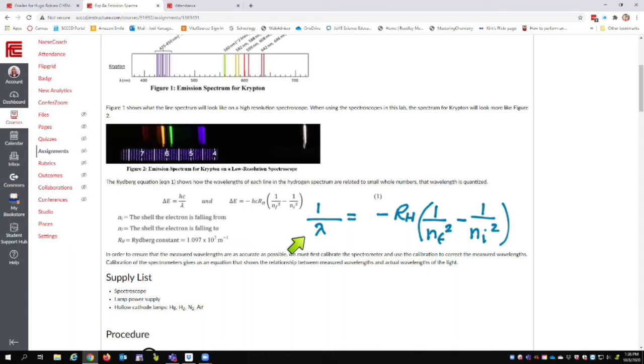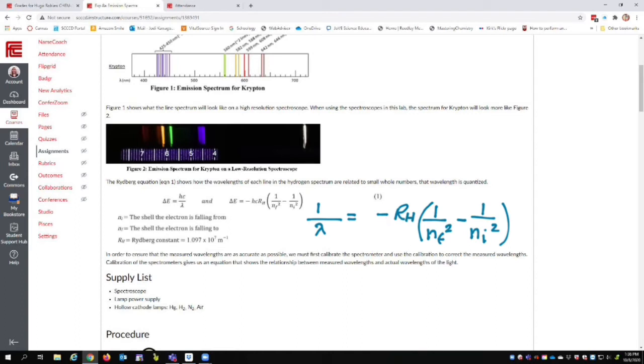So what that means is the wavelength also needs to be in meters, not in nanometers. So what we're doing is we're plugging in the wavelength that we observe, converted to meters, and we're plugging in these two energy levels, and we're calculating R.